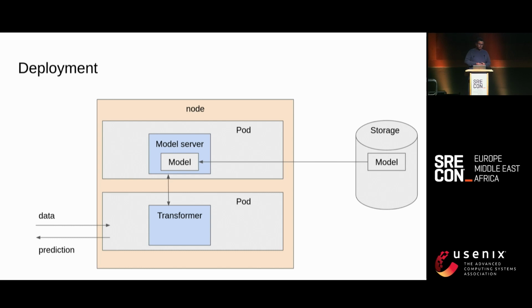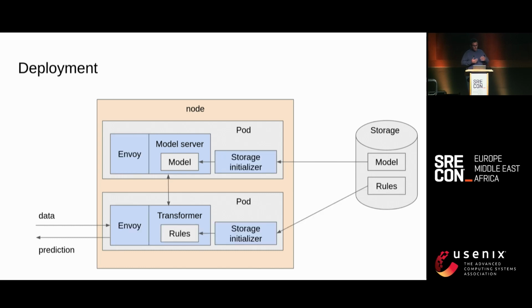To make it a little bit more complex, we take a Kubernetes cluster and put it in a couple of pods. We make sure that there is connectivity between the transformer and the model server. We want them to be in different pods because maybe the transformer is not that expensive and we can fit it in the CPU, and the pod of the model server can go to the GPU node. And we build around it.